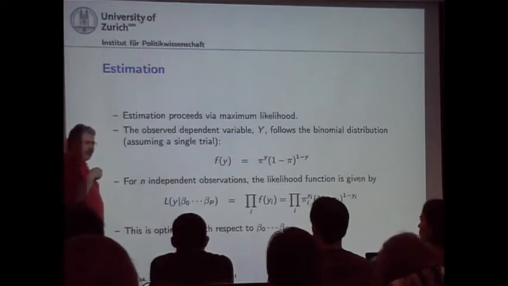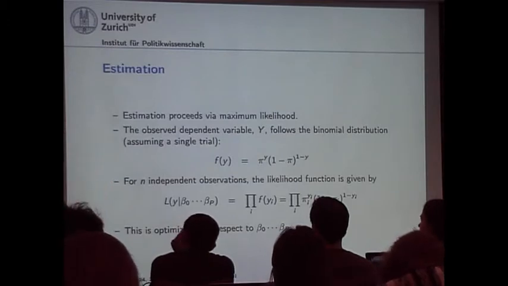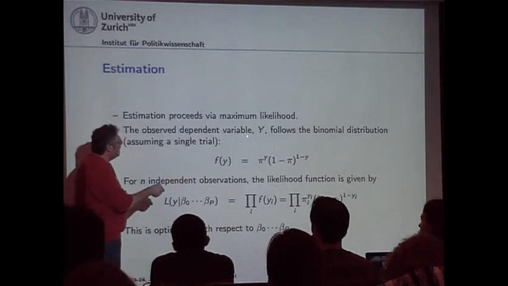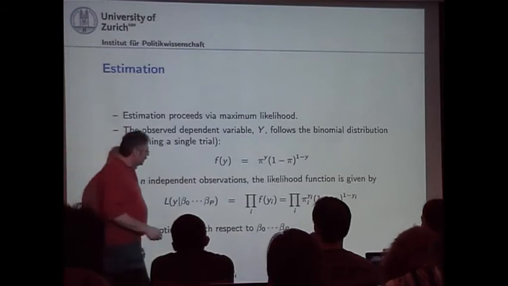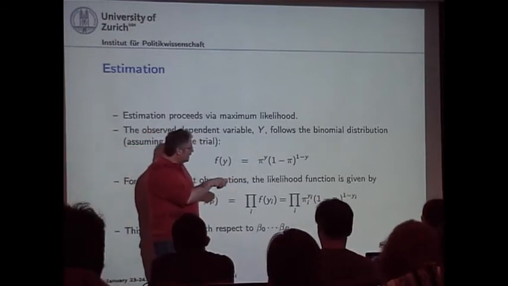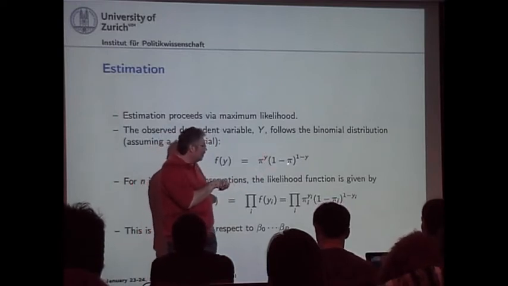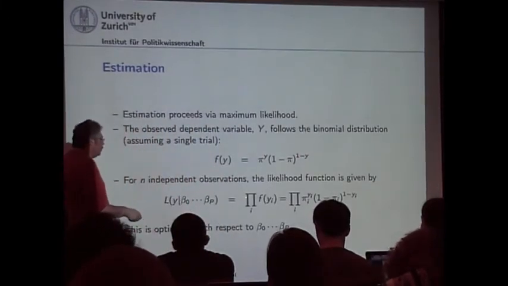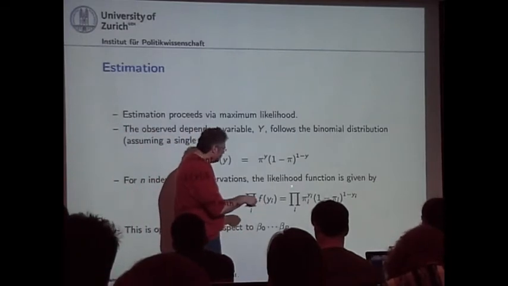So in the single level model, we estimate Logit models based on maximum likelihood, and we take advantage of the fact that y follows a binomial distribution with a probability mass function that is pi raised to the power y times 1 minus pi raised to the power 1 minus y. And that then produces a likelihood that is this expression here.